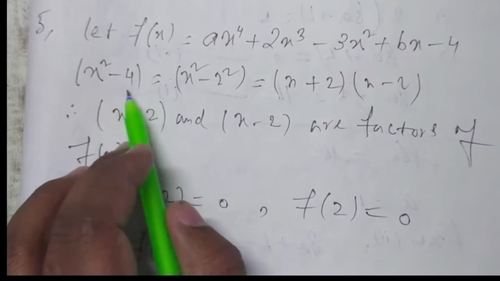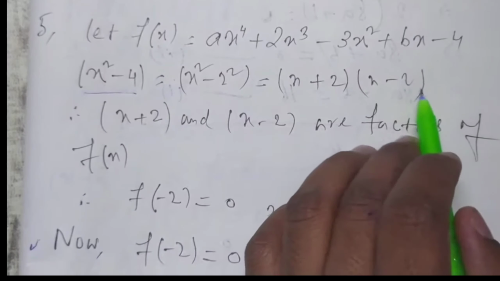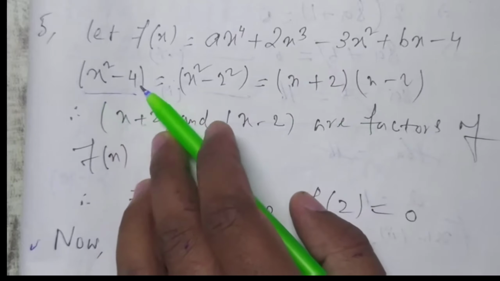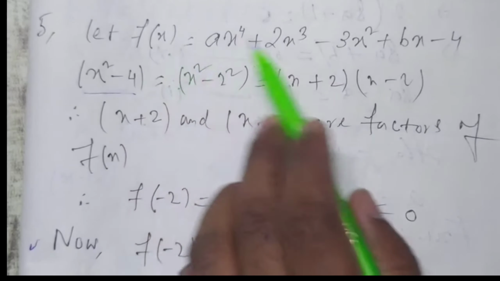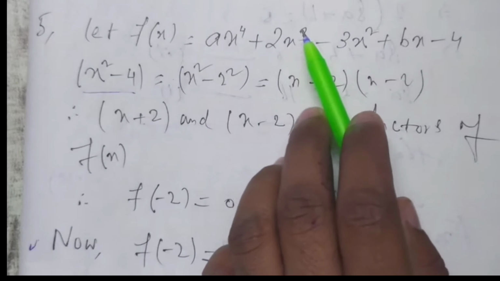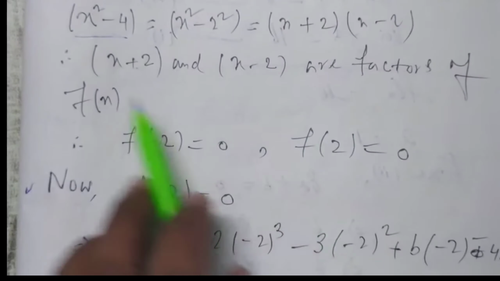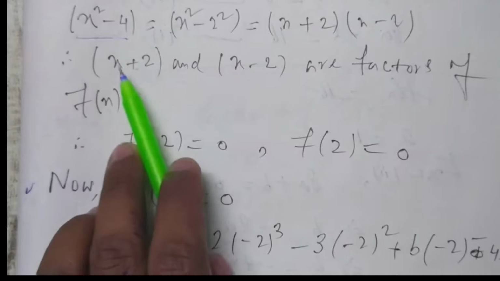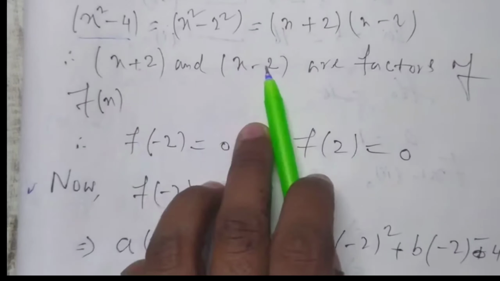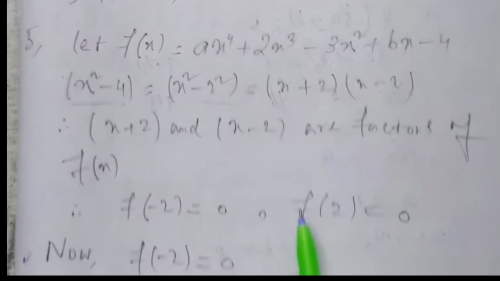So x square minus 4 is factorized into two factors, which means if x square minus 4 is a factor of f(x), then x plus 2 and x minus 2 are also factors of f(x). So both of these are factors of f(x).